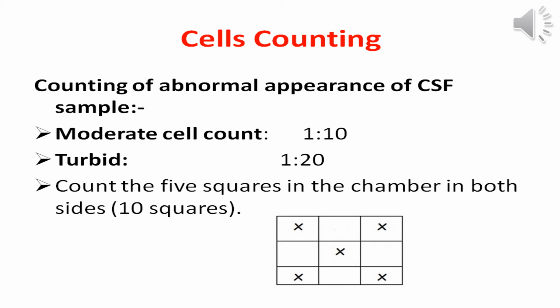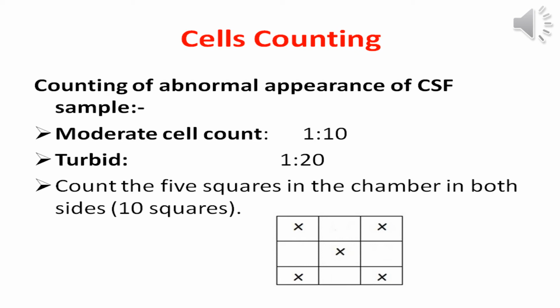If your sample is turbid, we need to make the dilution 1 to 20, sorry, 1 to 20. So hazy or cloudy we call moderate cell count, with dilution 1 to 10. If the sample is turbid, the dilution is 1 to 20.